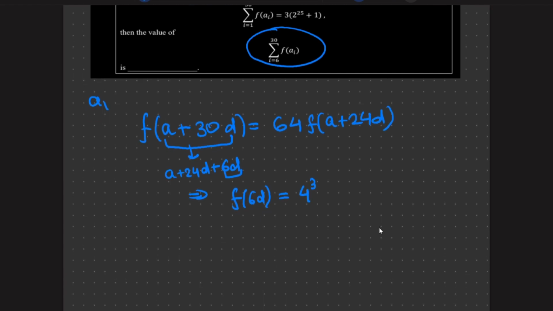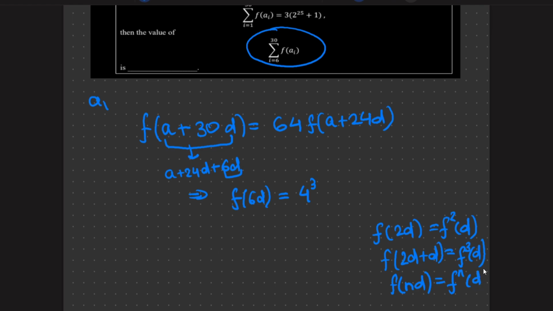So look over here. If I have something like f(2d), can I write it as f squared of d from the property which has been given to me? If I have something like f(3d), can I write it as f(2d + d) and then simplify it to f cubed of d? So what I can infer is that f(nd), where n is a natural number, is equal to f(d) to the power n.